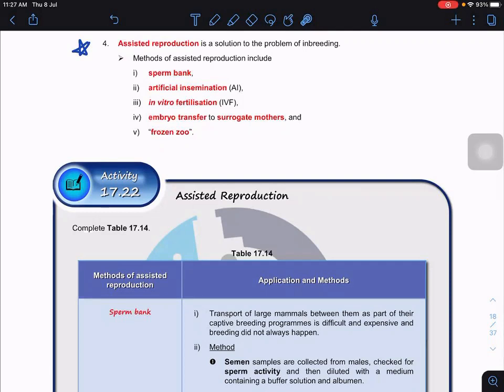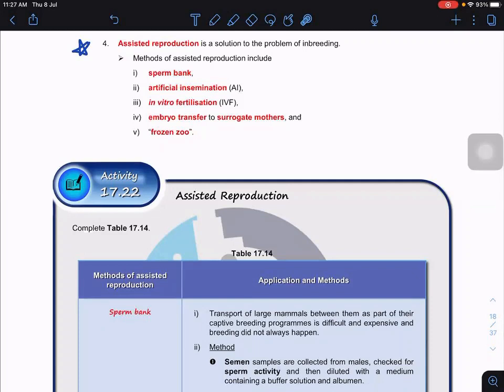But transporting the animal will cause stress to the animal. In fact, they may not want to breed or reproduce. When you transfer one animal, let's say transfer a male from one zoo to another zoo, sometimes the long distance will also incur huge cost to the zoo.